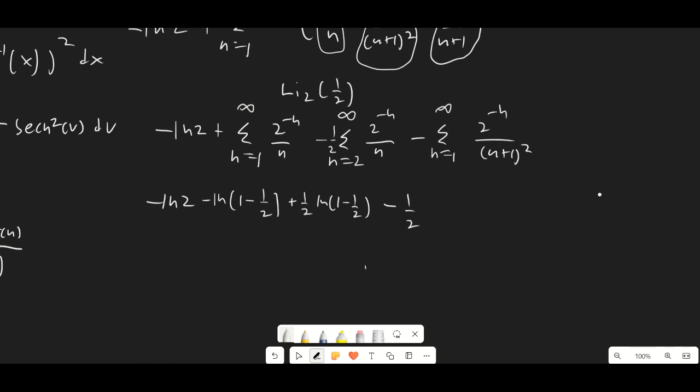So I'm assuming that it would just be given for this competition. Yeah, so we're going to end up with 2 times the dilogarithm of 1/2 minus that first term again. So the first term is when n equals 0.